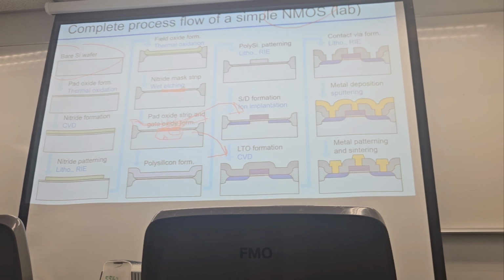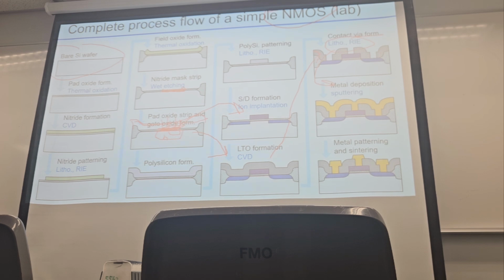Etch the region which contacts the N-well, and the other contacting the N-plus region. Then you can move to here, the contact layer, formed by lithography and RIE. Then the metal deposition, sputtering, to form the terminals, and then the metal patterning.